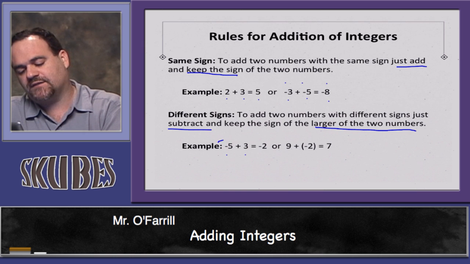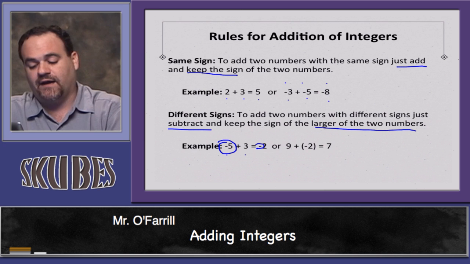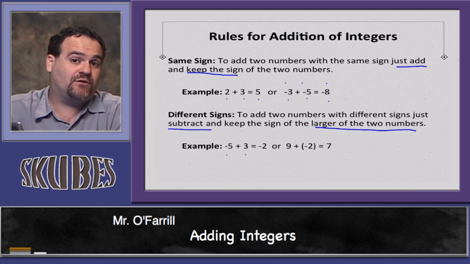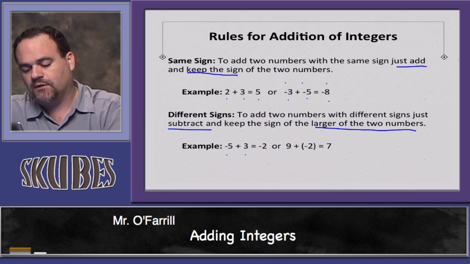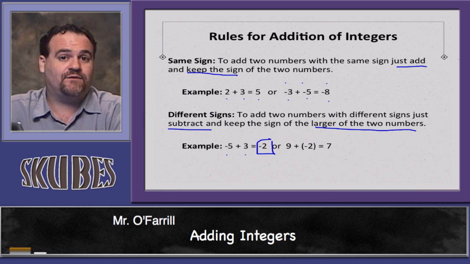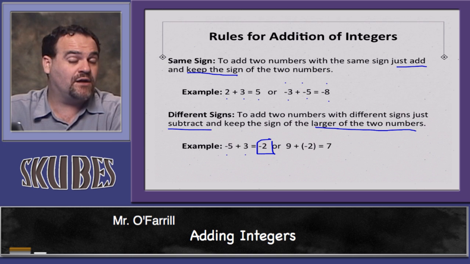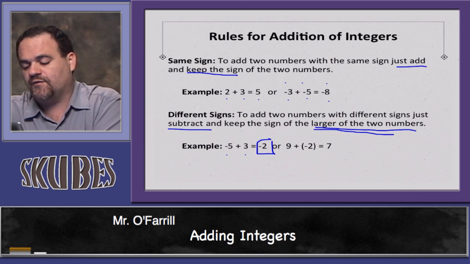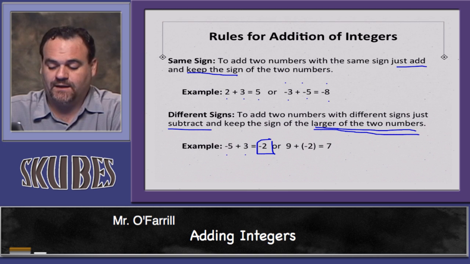Well, since 5 has a negative in front of it, our final answer is going to have a negative in front of it. And the subtraction or difference between 5 and 3, 5 minus 3, is 2. So we know the answer is a negative 2, keeping the sign of the number with the larger magnitude, or the one that is the larger of the two numbers, being 5.